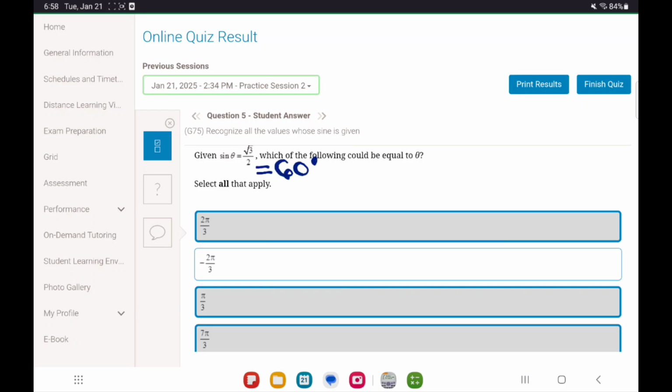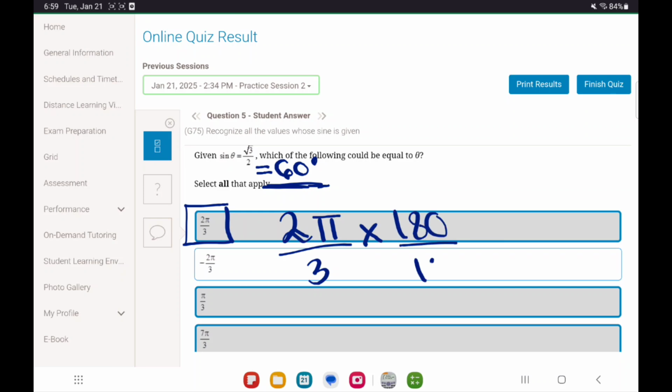Now, to change radians form into degrees, which we need because this answer here is in degrees, we have to multiply 2 pi over 3 times 180 over pi, and that's how we flip it to degrees.